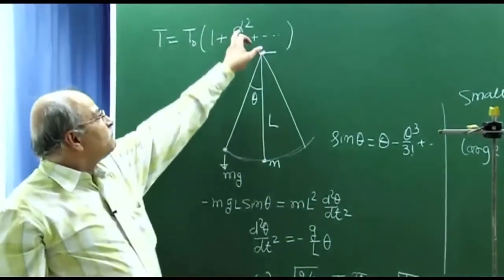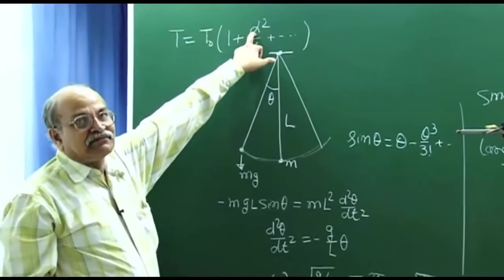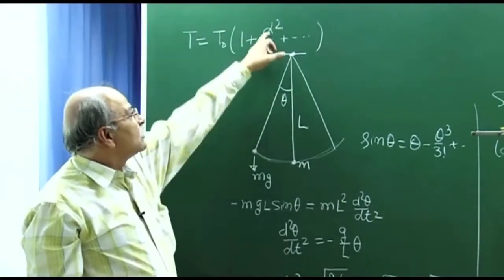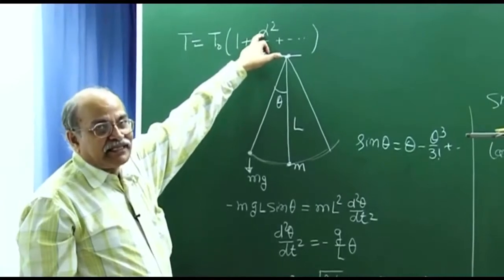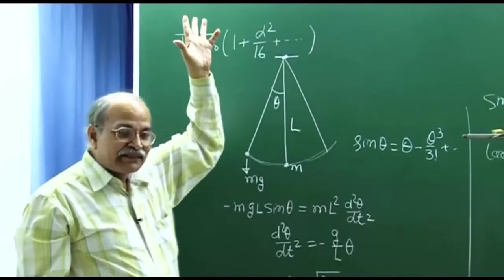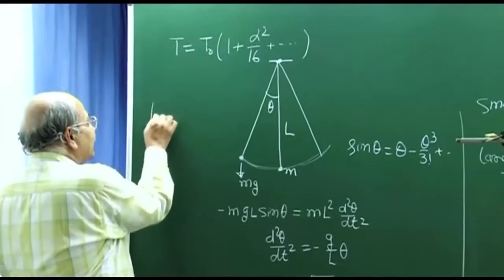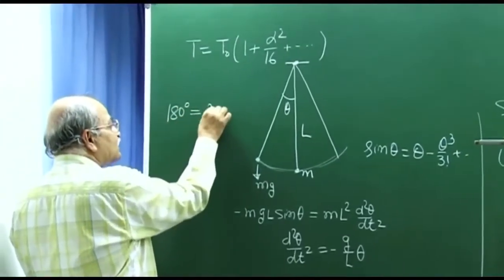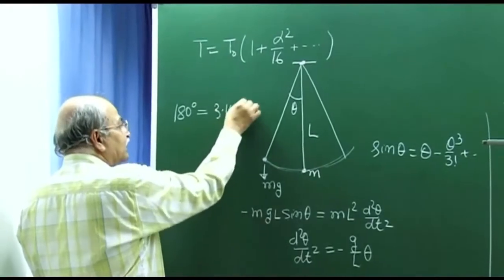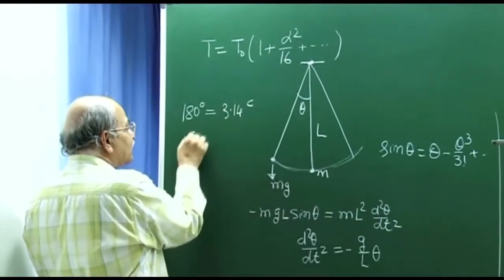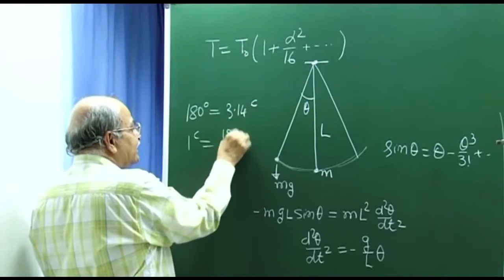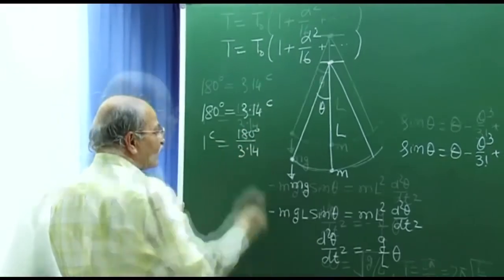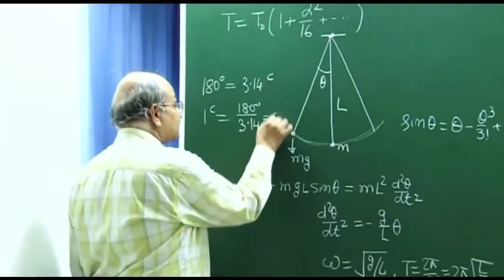So if you take alpha equal to 1, and what is that alpha? Alpha is the amplitude, this amplitude. So alpha is 1 radian, and 1 radian, you know how many degrees: 180 degrees is pi radian. So if you take this as 3.14 radian or so, 1 radian means 180 degrees divided by 3.14, so something like 57 degrees.